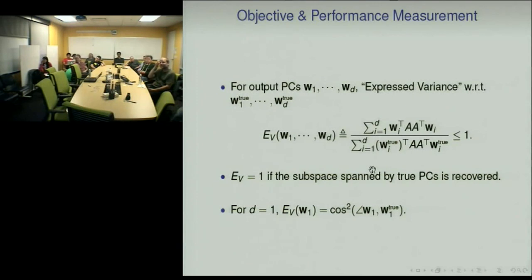If it's 0, it means that it's orthogonal. In the case of 1 dimension, this is just the cosine squared of the angle. So this is our measurement of success. We want this to be as close as possible to 1.